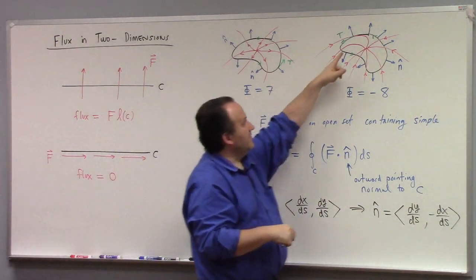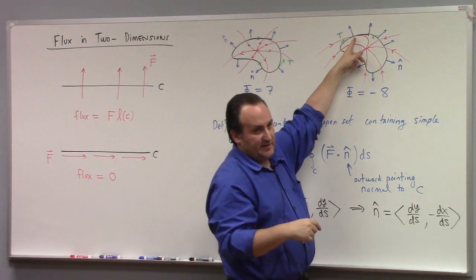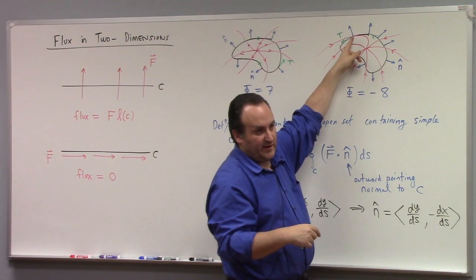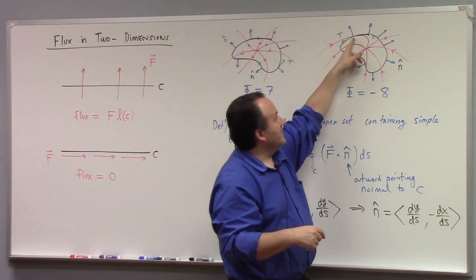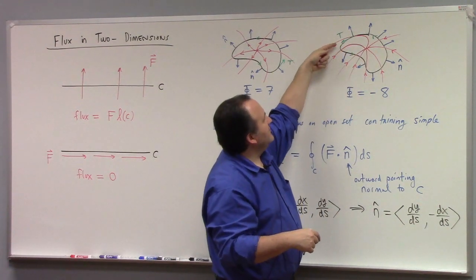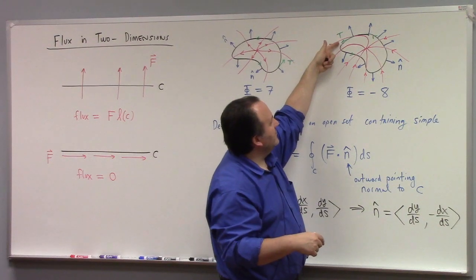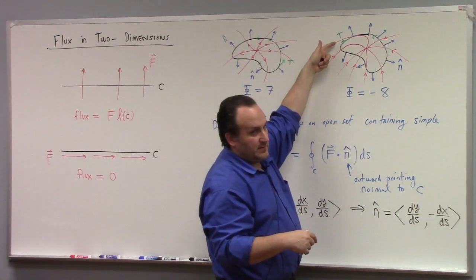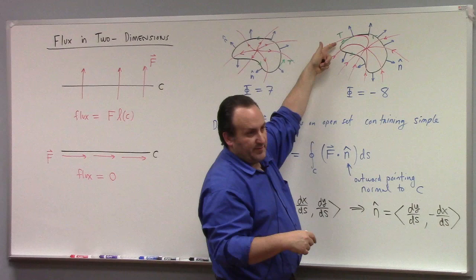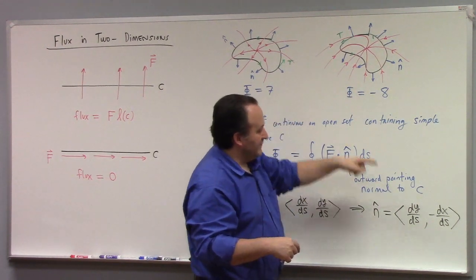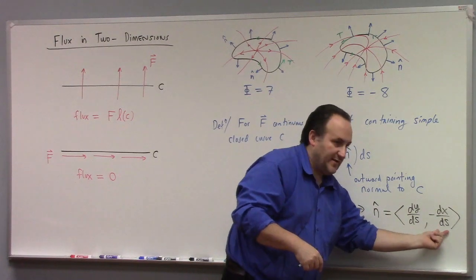How about this one up here? Oh, my bad. I've got to keep track of my arrows. I'm looking at the green arrow. Where's T pointing? Into the third quadrant, right? Both components are negative. So dy/ds and dx/ds are both negative, which means this is negative. Minus a minus is a plus.